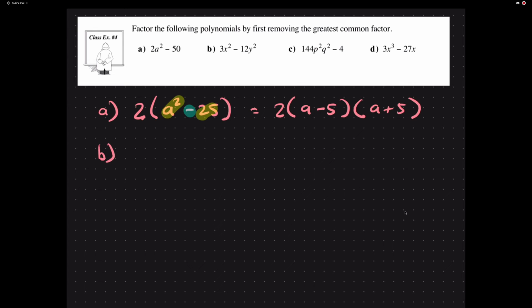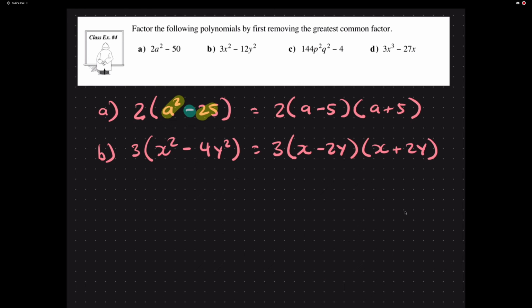Okay, for example B, notice that we can pull out a 3 out of both those terms. So I'm going to pull out that 3, leaving us with x squared minus 4y squared, and that will break down into 3 times x minus 2y and x plus 2y.